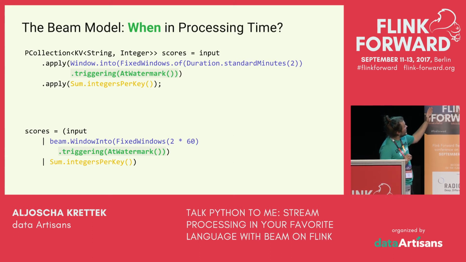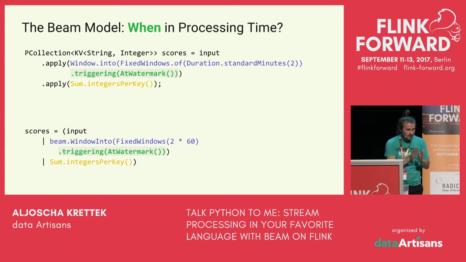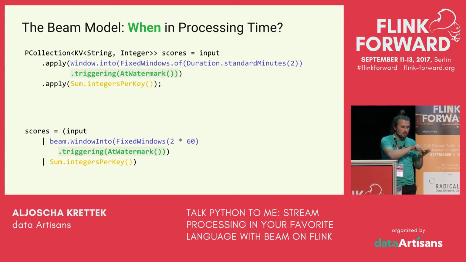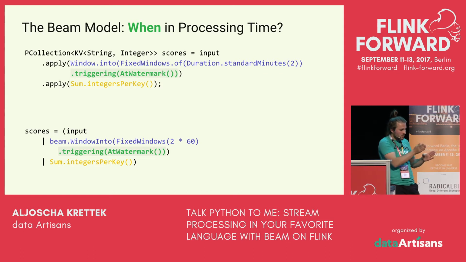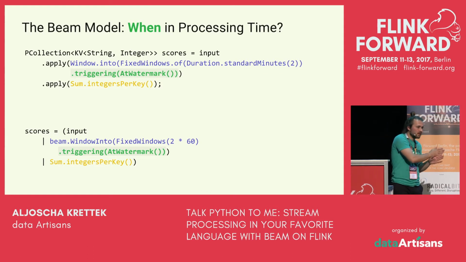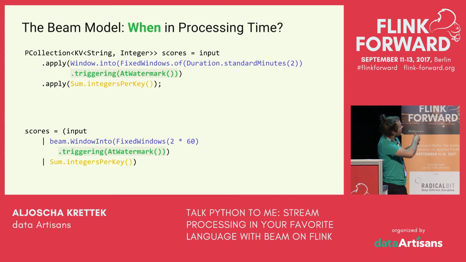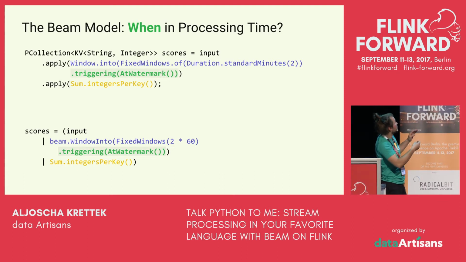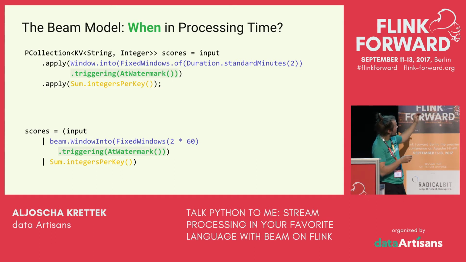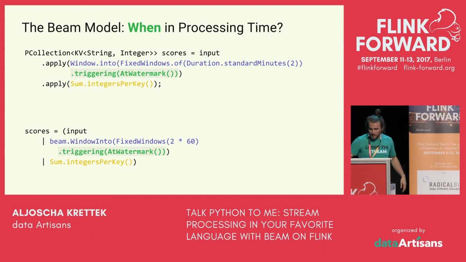So here we say we want to get results for our computation once the watermark, which specifies how far in the stream we have progressed in event time, passes the end of the window. So here we say we have a window, we say trigger at watermark, meaning when the watermark is at the end of the window, and we have the same for Python.